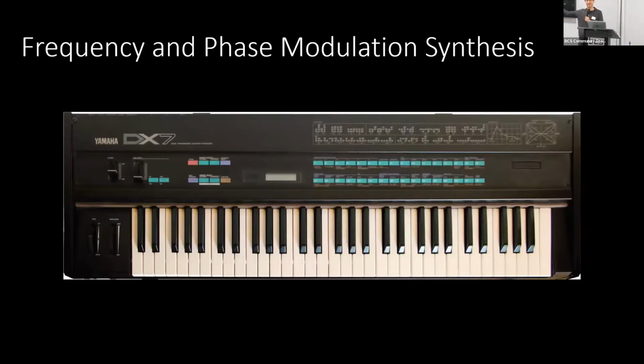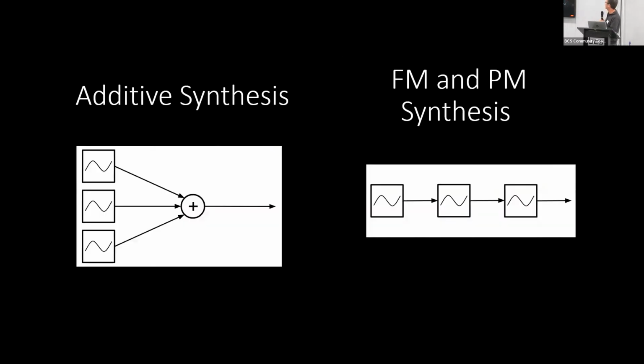Now I'm going to take a sideways leap from that. Okay, frequency and phase modulation. This is almost like the synthesizers of the 1980s, particularly things like the Yamaha DX7. The idea from audio synthesis, the most traditional audio synthesis, is just adding together a few oscillators, called Fourier synthesis.